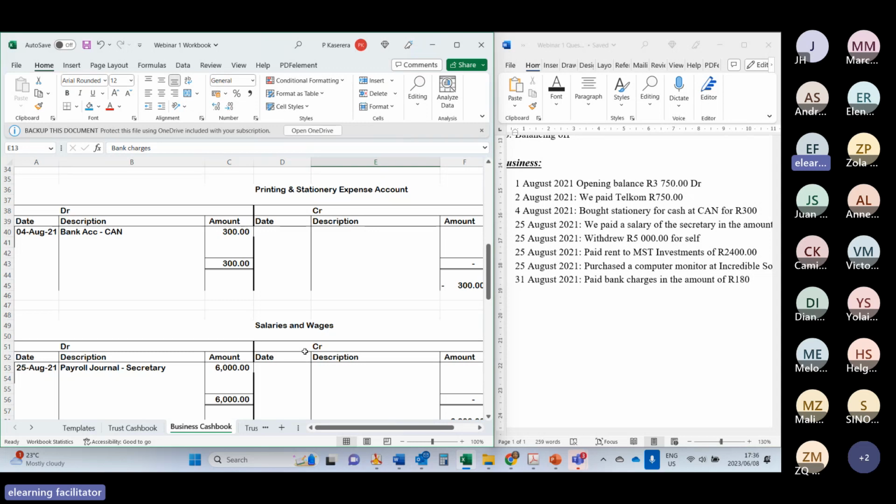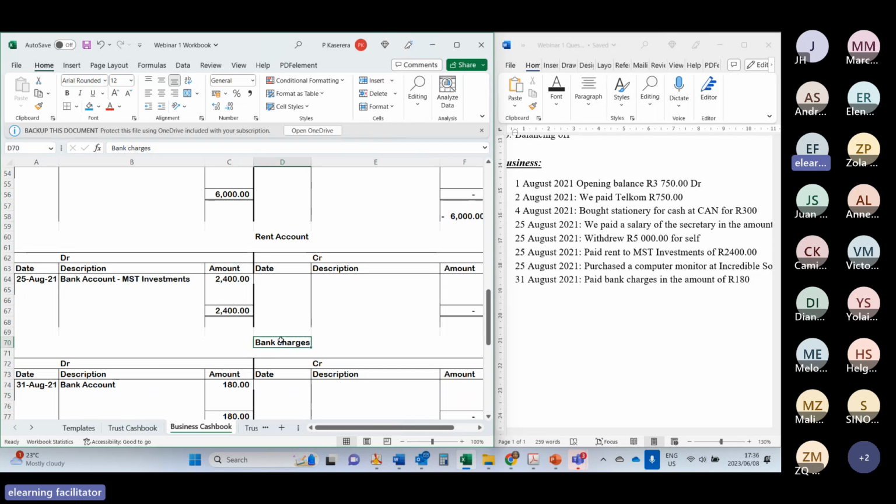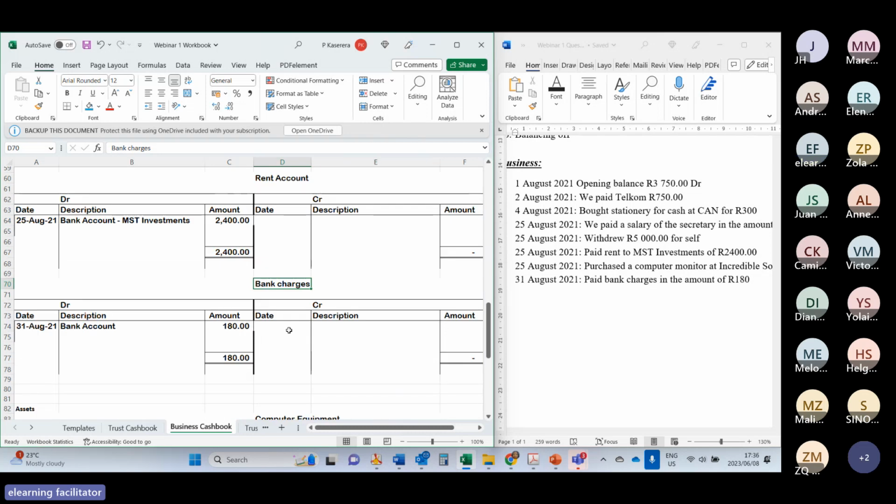Like if you've got bank charges, you can have a monthly fee, a service fee, value-added services. All those, you can just create a bank charges ledger, and then you post the three transactions together, separately, but in one ledger.